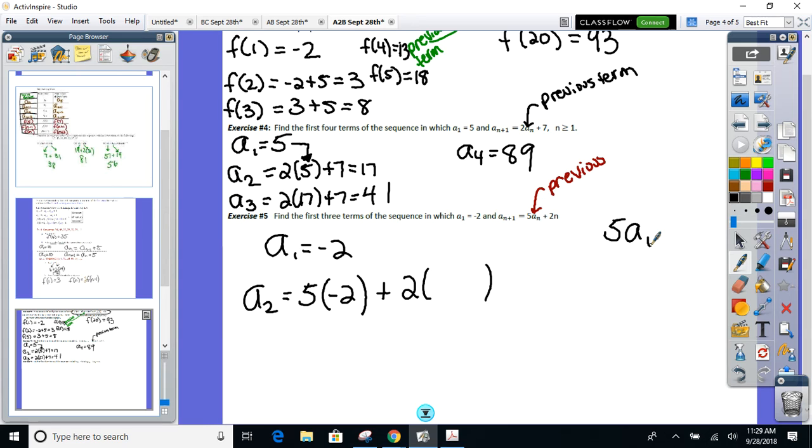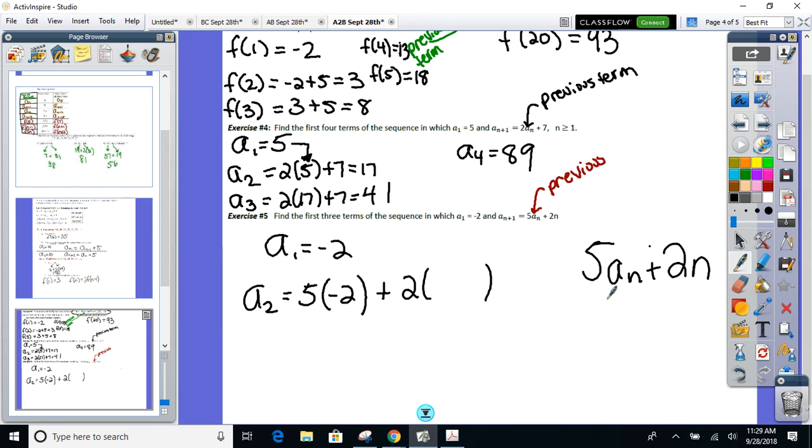Okay, let me do this all over again. Let me write this out a little bigger. Ready? What term are we looking for right now? We're looking for the second term, right? Meaning this represents the previous term, which would be the first term.